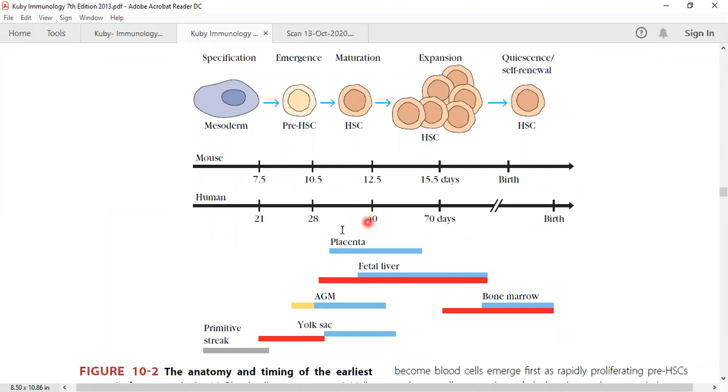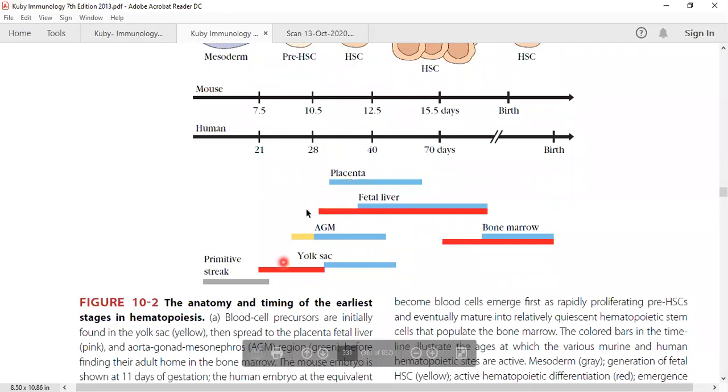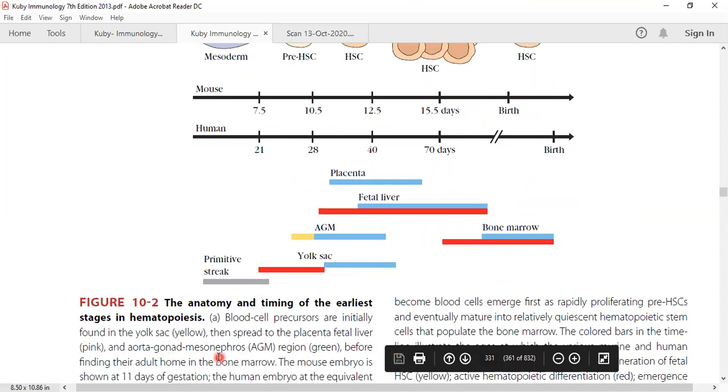since we are humans, so from this period, which is around 30 days, about 1 month, to up to this time, which is around, can say roughly 60. So 1 to 2 months of our growth, the hematopoiesis or the synthesis of cells is actually taking place in the placenta, then in the liver, all right, and then in this AGM, which is for aorta, gonad, mesonephros region.